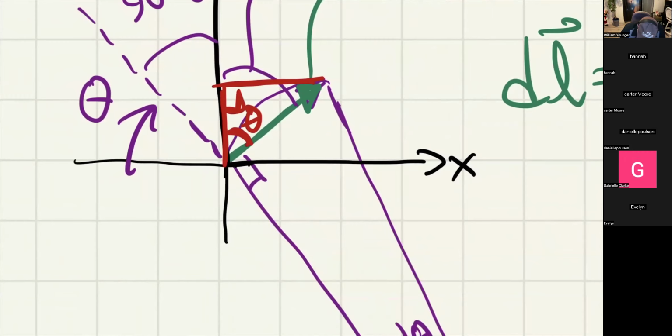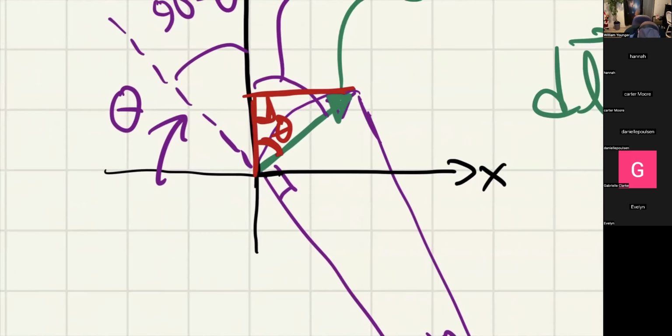Everybody see this is the right angle, just showing that it's a right triangle. And then this other part, which I don't know if I can do this in here. I'll do it good enough though. So this is the angle theta. And this is the right angle. So you can see that the y component points up and the x component points to the right.